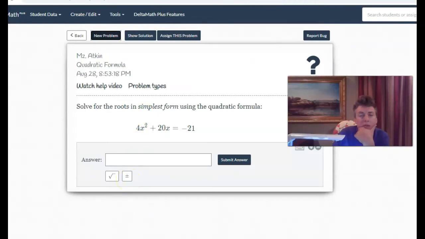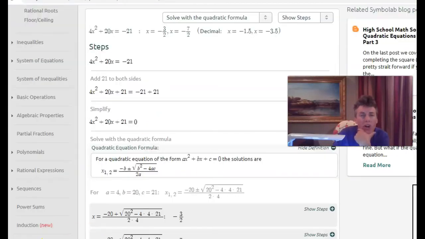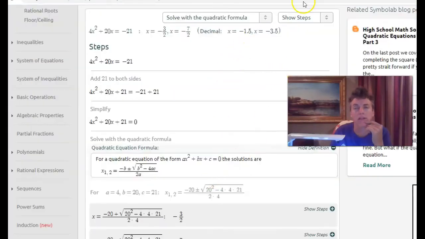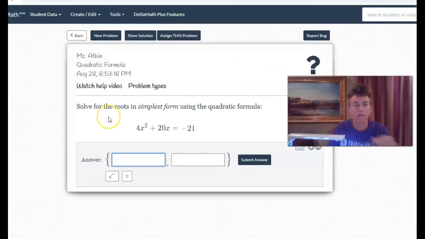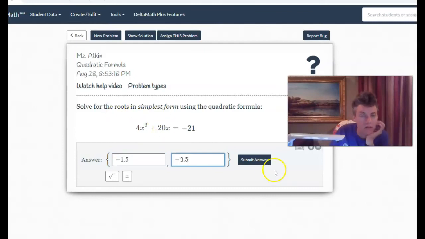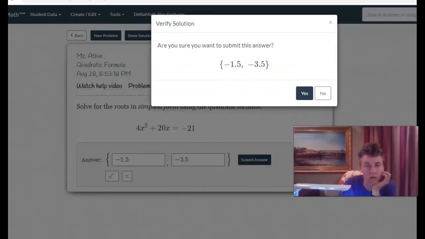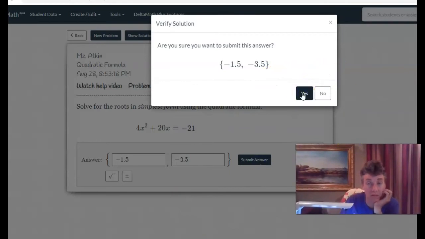But this says plus or minus. What? Okay, we can just put in both answers. Negative 1.5 and negative 3.5. Let's check it out. What do you think? Are you sure you want to submit this answer? I'm pretty sure.